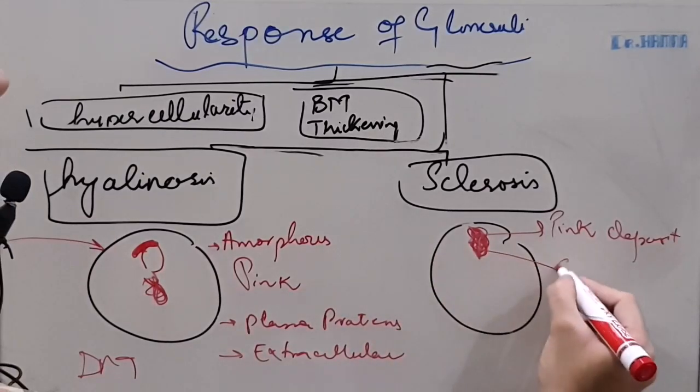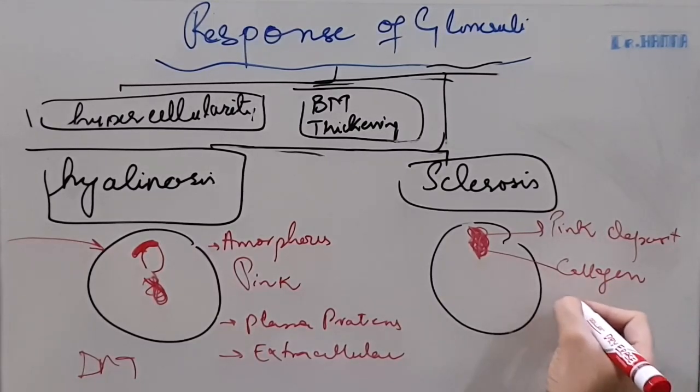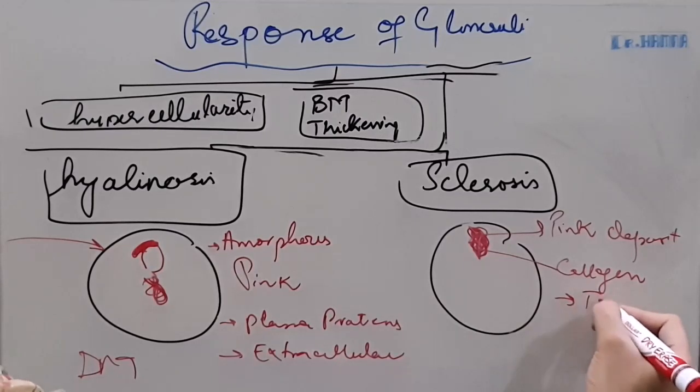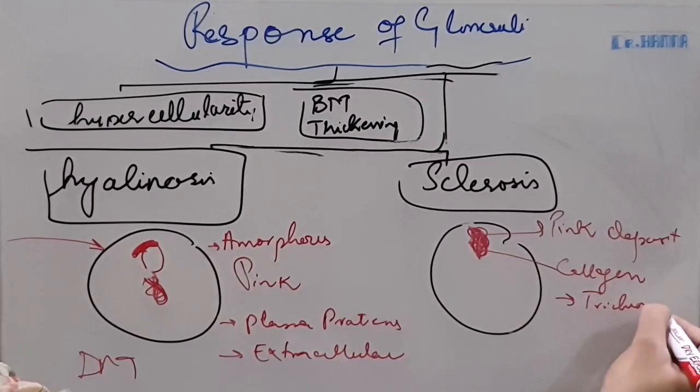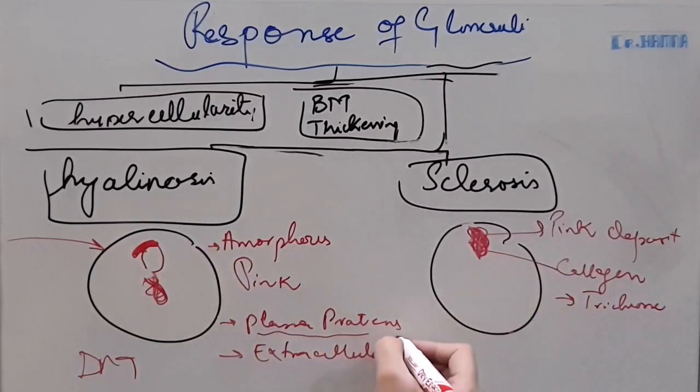Sclerosis is basically made up of collagen, so collagen stains with a trichrome stain, while hyalinosis is due to plasma proteins, and this stain will be negative, as this stain only highlights collagen bundles. So these are basically the main four response mechanisms of the glomeruli: hypercellularity, basement membrane thickening, hyalinosis, and sclerosis.